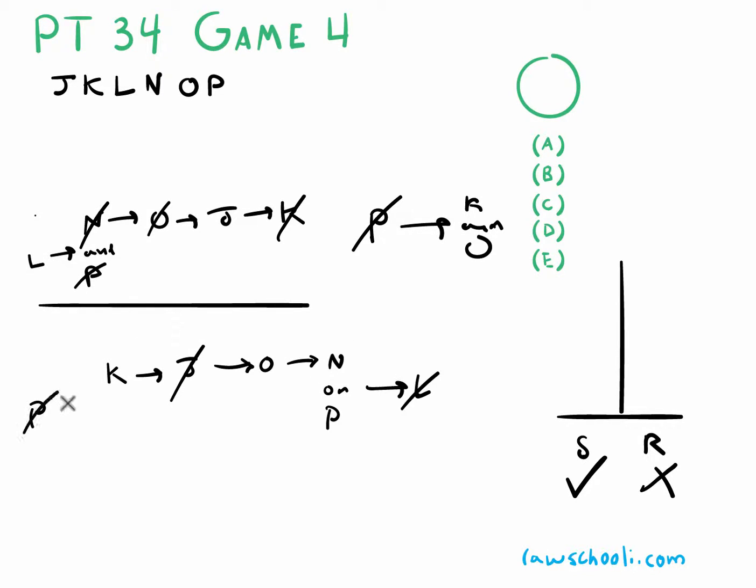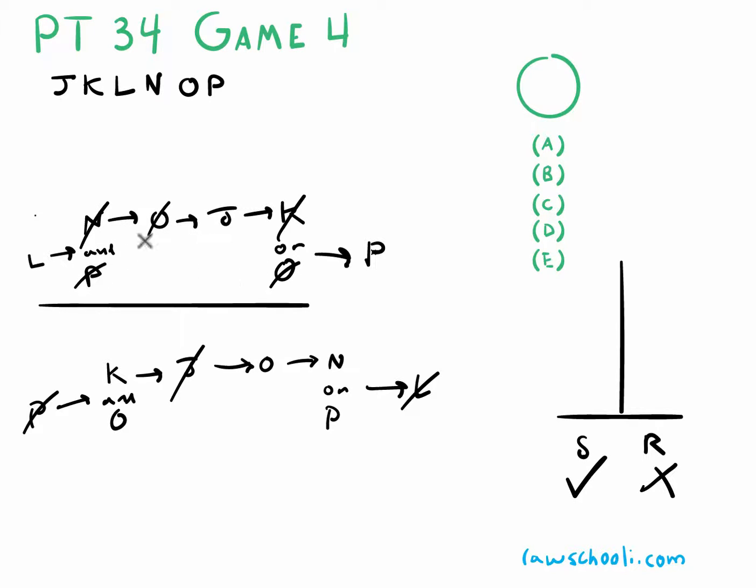Not P, then K and O. And then let's get this out of the way, but the contrapositive would be not K or not O, then P. Get that out of the way. And there, we've completed the chains now, and it's something that we're very used to working with.